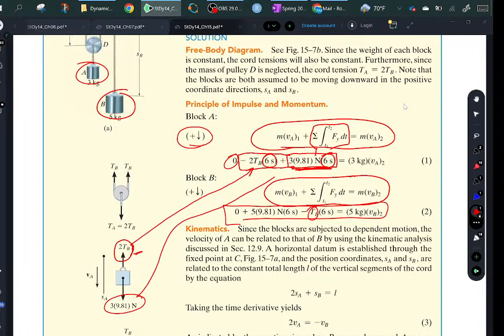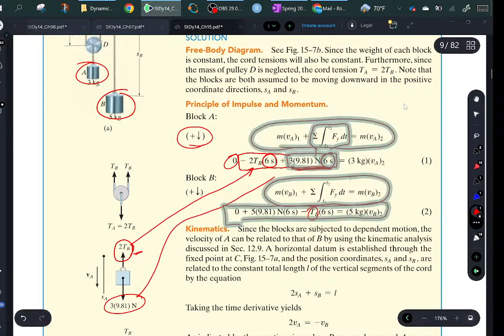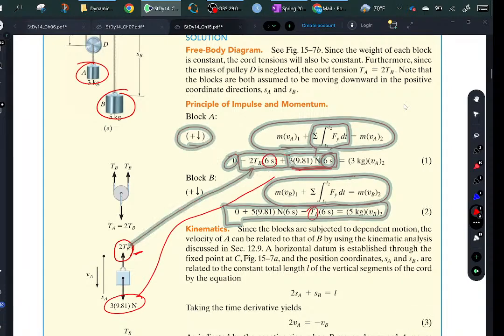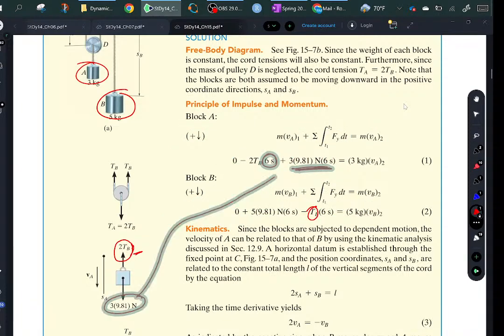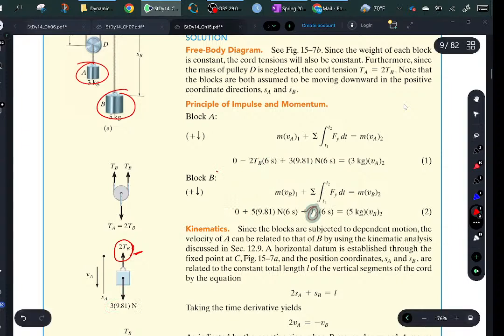But you have the tension in both equations, because you have 2 blocks, therefore an equation for each.